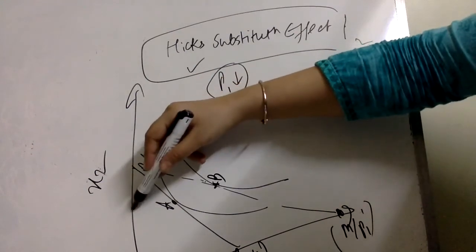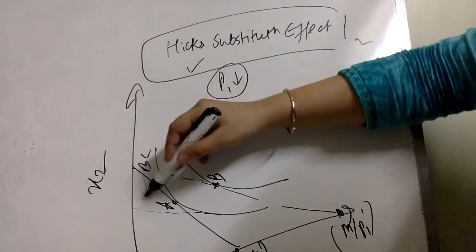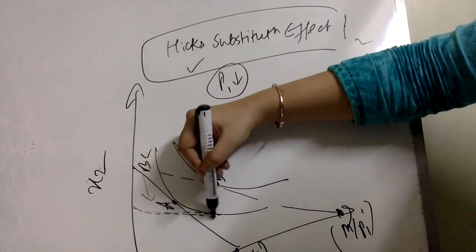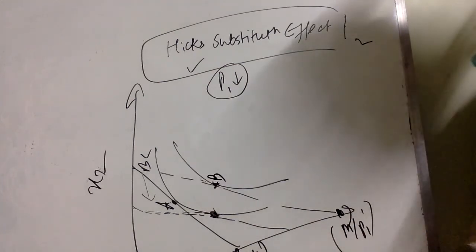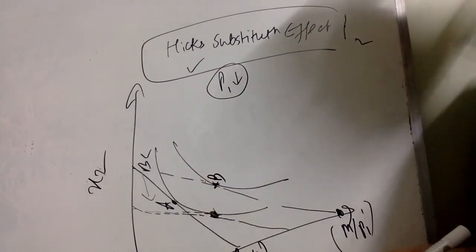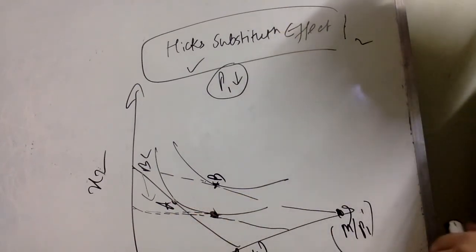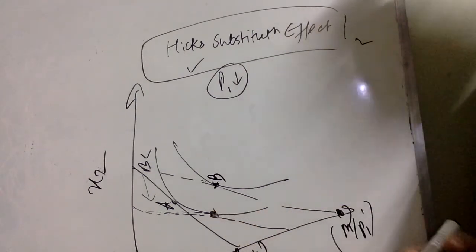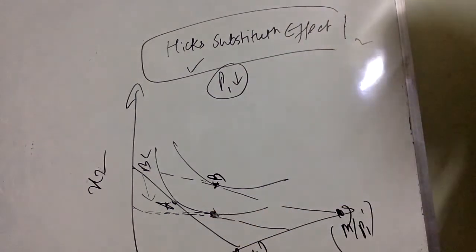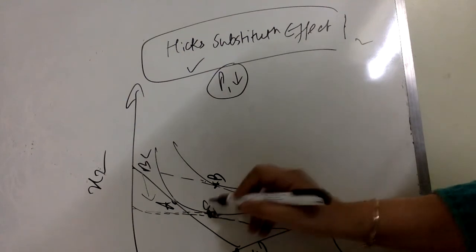So I take away the income of the consumer such that this parallelly shifted downward line is touching the same original IC. It need not necessarily be the case, as in the Slutsky case, that he should be able to afford the original bundle. In the Hicks substitution effect, we say he should be as well off as before. That means taking away the income of the consumer such that he is still at his original indifference curve. So a point like this, say this is point C here.